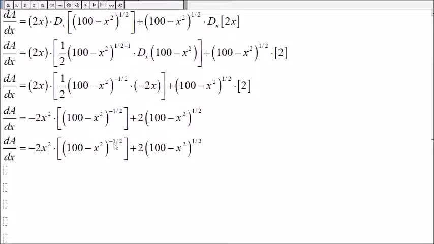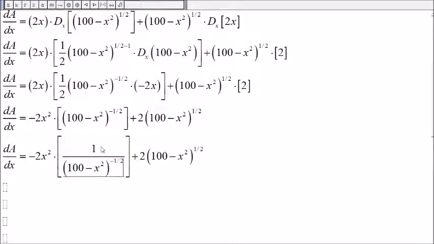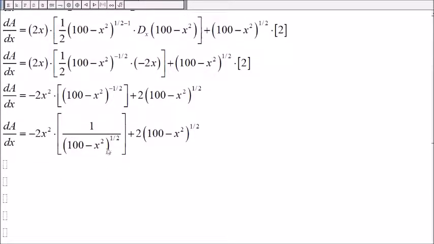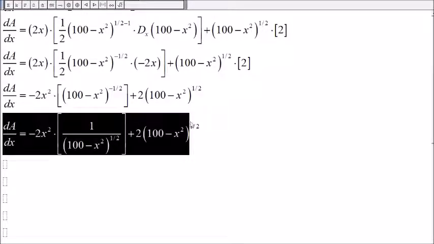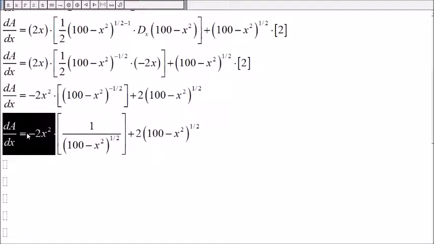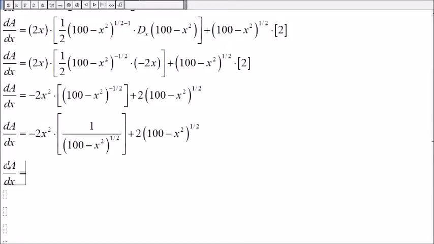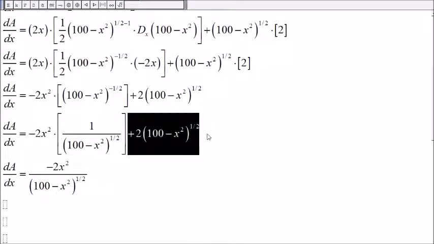And then let's rewrite this using a positive exponent. This is the same as 1 over 100 minus x squared to the positive 1/2. So now we get negative 2x squared divided by this expression, and then plus this.